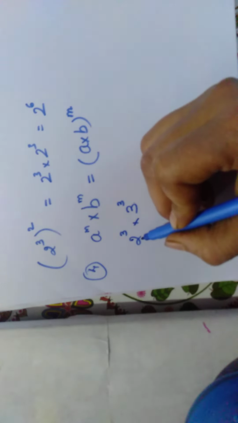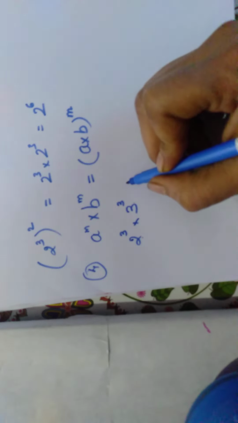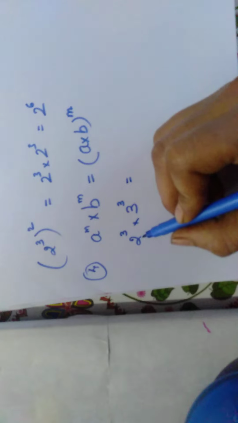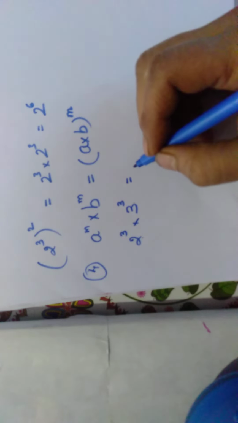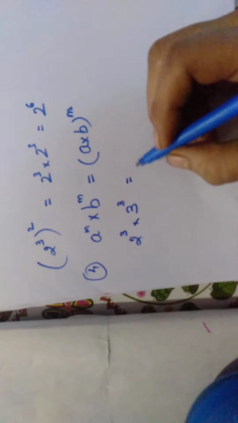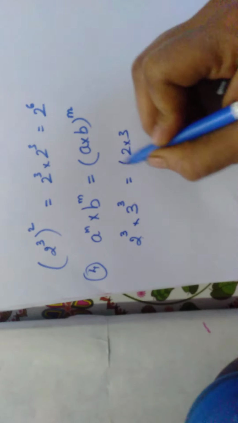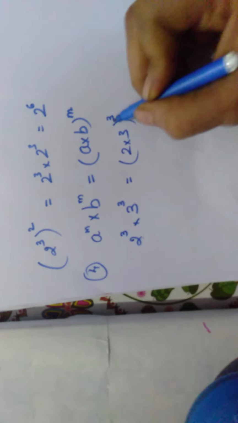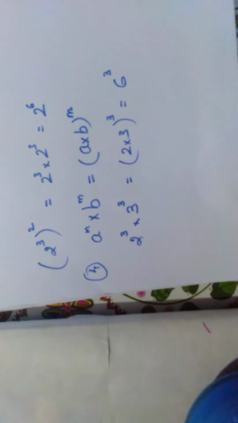Now the bases are 2 and 3 and the common power is 3. Now this can be written as 2 cube means 8 and 3 cube means 27. So now we can write it as 2 into 3 whole to the power 3. 2 into 3 means 6 to the power 3.